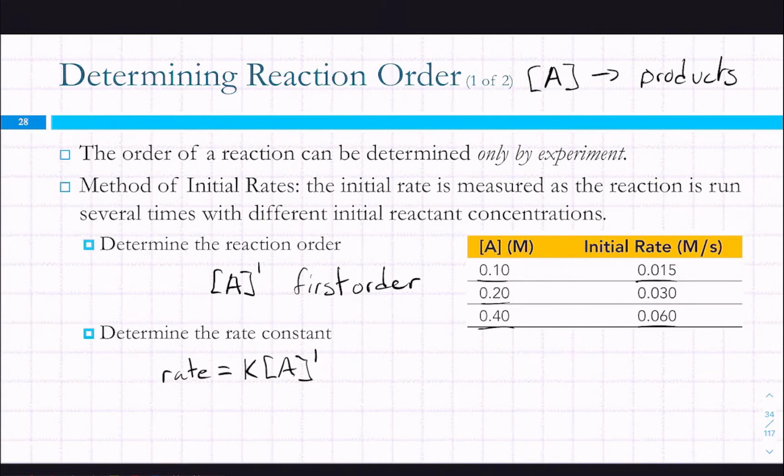Right, so if we have the rate, which we have from our experiment, and we have the concentration of A that gave us that rate, we can plug those numbers in and get K. So rate was 0.015 molar per second equals K times the concentration of A.